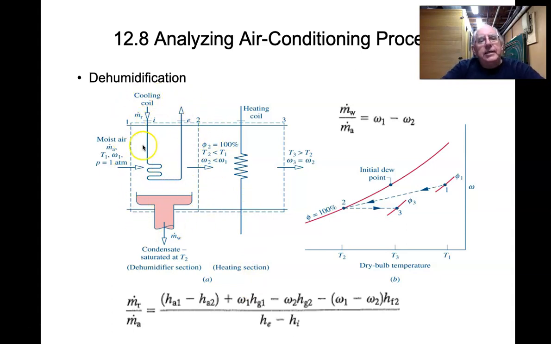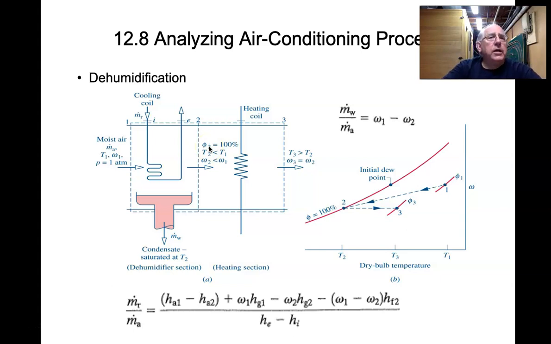As we get through this particular process, we see that the humidity ratio decreased and the temperature decreases. We take away just enough moisture such that the relative humidity, which came in at a certain condition, goes to the saturation condition.